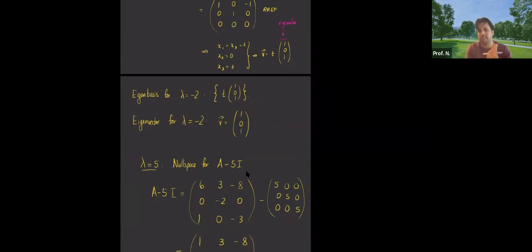I hope that answers the question about what significance there is to the repeatedness of a root. If it repeats 3 times algebraically, then in order for it to be diagonalizable, you need the geometric multiplicity to also be 3, but it could be less, as we have seen. Okay, does that make sense?